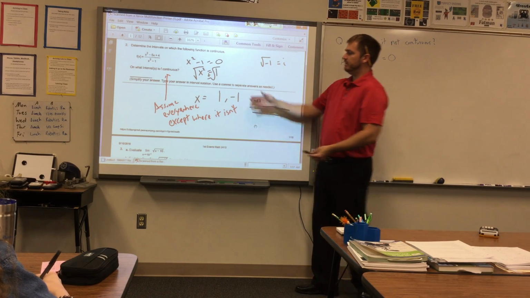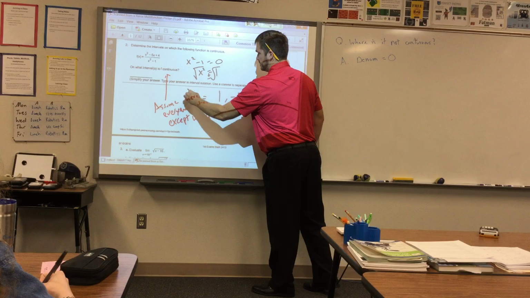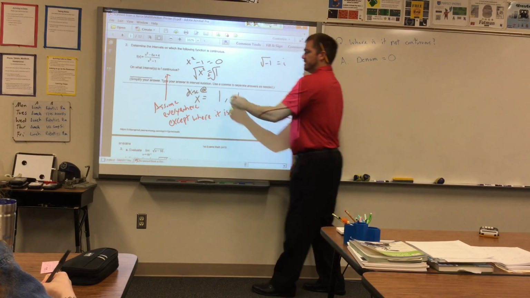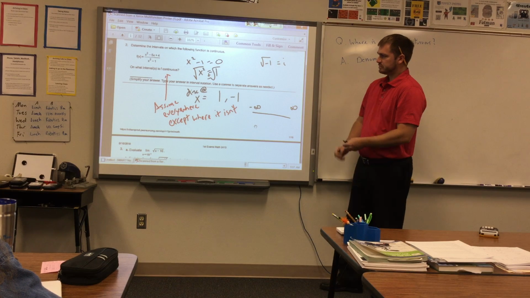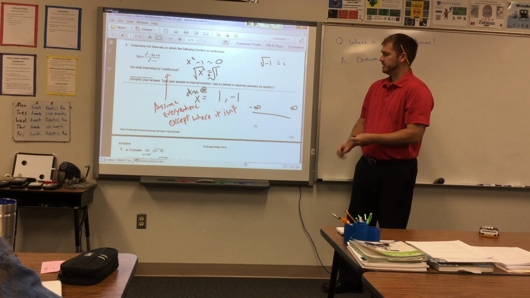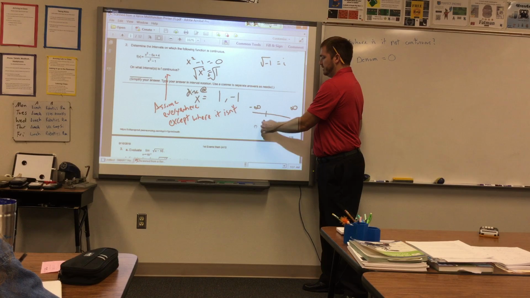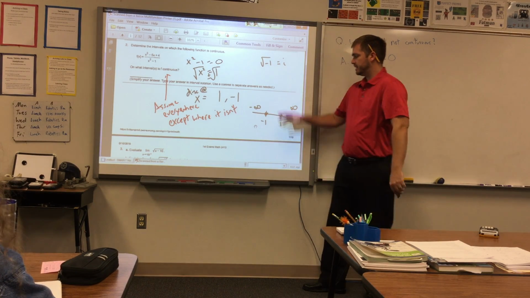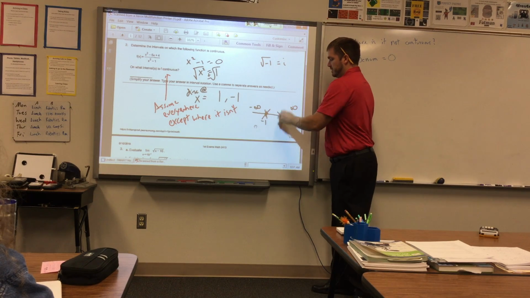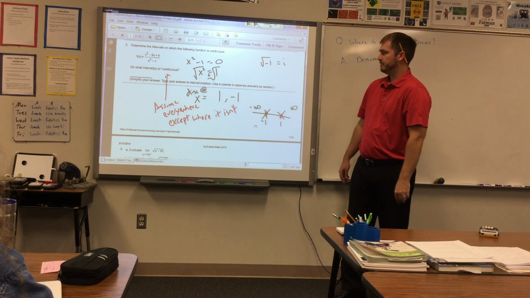But we know now that it is discontinuous at x equals 1 and x equals negative 1. There's a hole right there. Maybe even an asymptote. I don't know at this point. I don't really care. Negative 1 and positive 1, it's not continuous. Those are the breaks.